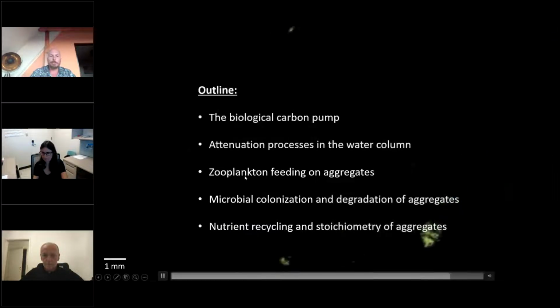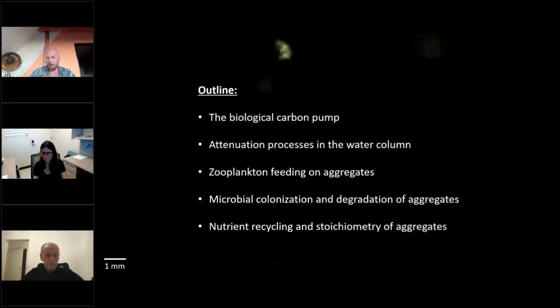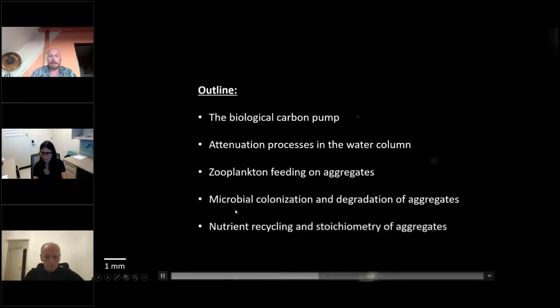I've divided that into two main processes: first, the attenuation of carbon flux via zooplankton feeding on aggregates, and the processes involved in the feeding, such as disaggregation, respiration, and repackaging of the organic matter. Then we will go a bit more into the microbial colonization and degradation of aggregates.